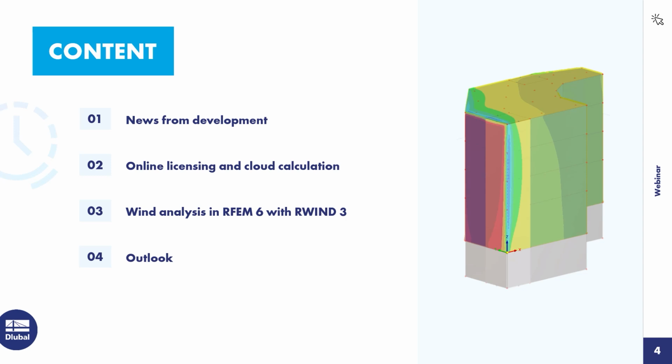Then I want to point out a very specific highlight of these new features, and that is the online licensing possibility and cloud calculation capabilities of now RWIND 3. In the third chapter, we are going to perform a wind analysis in RFEM 6 together with RWIND 3. And last but not least, I want to share with you a quick outlook about what's to come in the next few months.